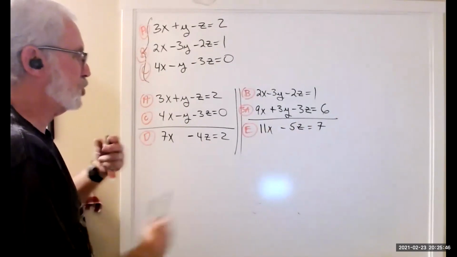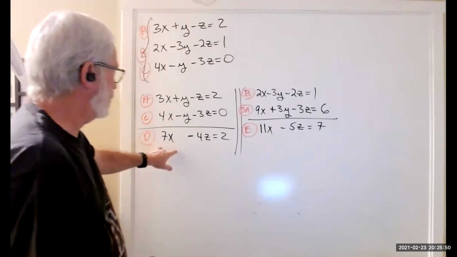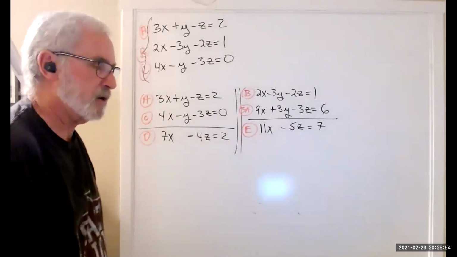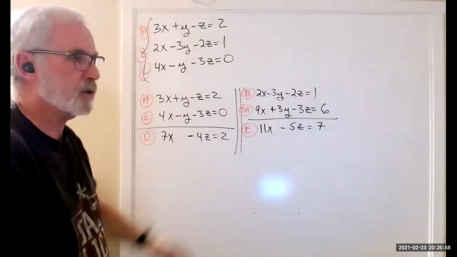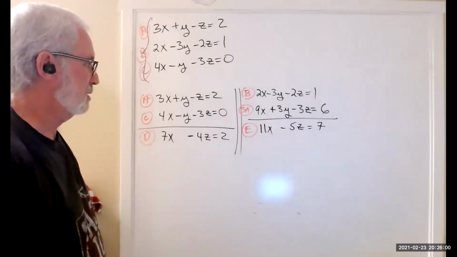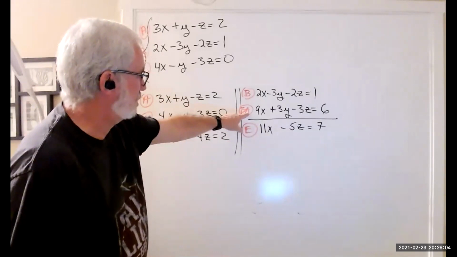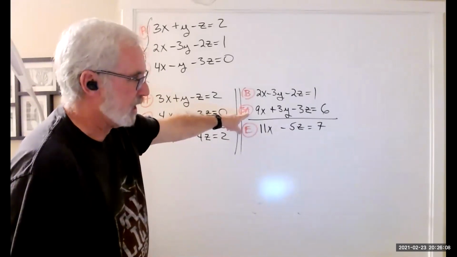So my check is my equation D and my equation E, do they have the same variables in them? Yes, so I know I'm on the right track. And you distributed the 3 into 3x and y and the z. Yes, for equation A, yes.